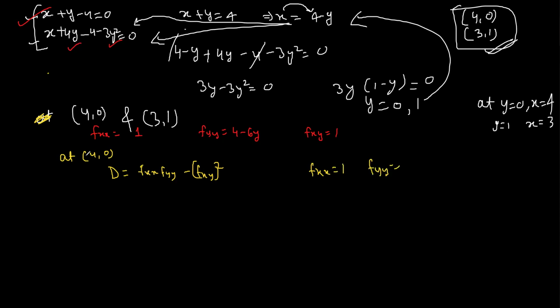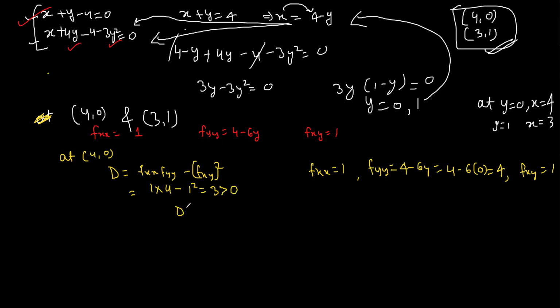For fyy at (4, 0), x is equal to 4 and y is equal to 0, so 6 into 0 gives 0, and you get only 4. Put here: 1 into 4 minus 1 whole square. That is 3, which is positive, right?